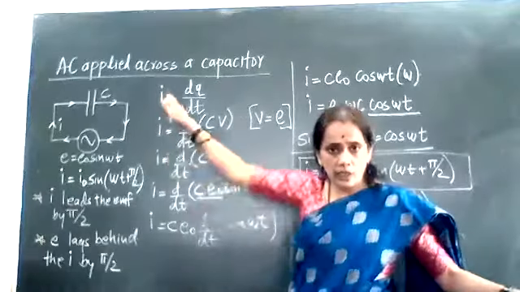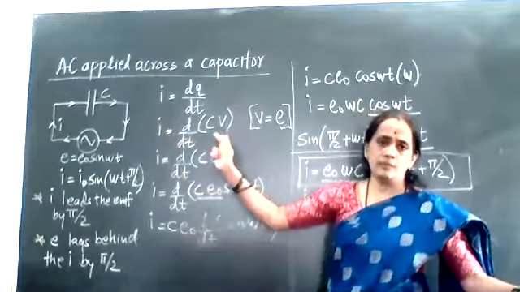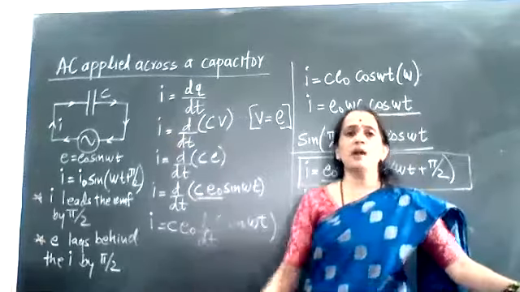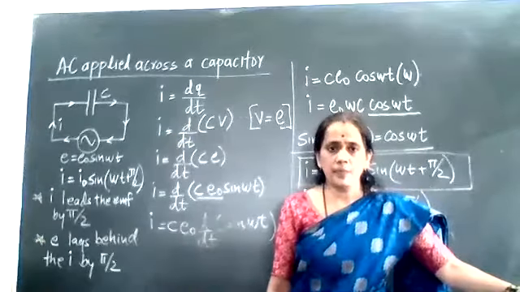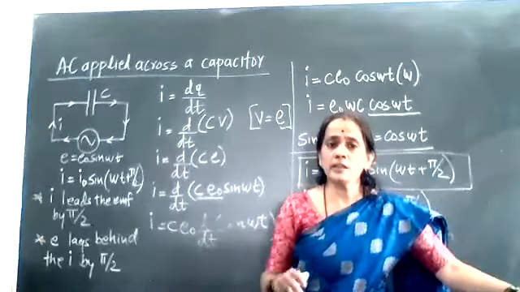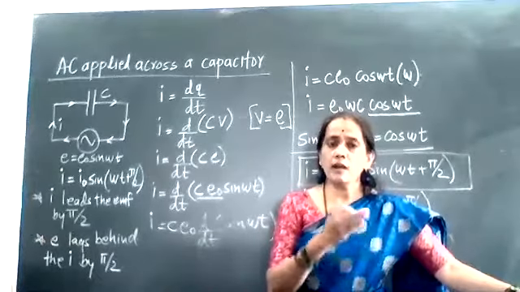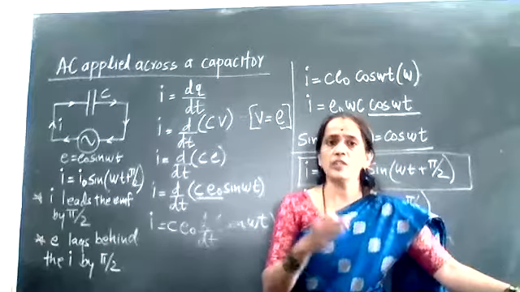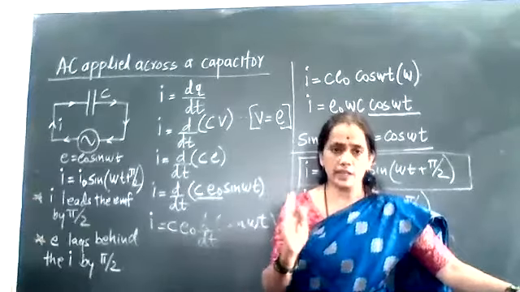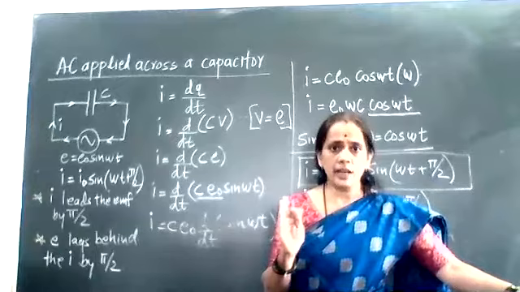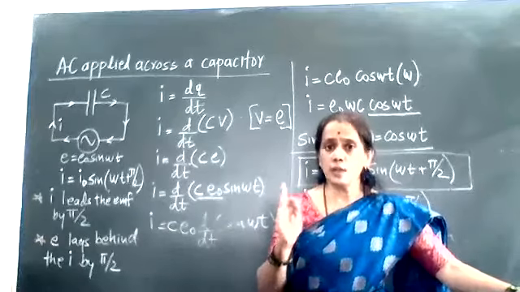Clear? So here your question is there. What is that question for 3 marks? Show that current leads the EMF by angle pi by 2 when a capacitor is connected across an AC circuit. Clear? So this is your 3-mark question.